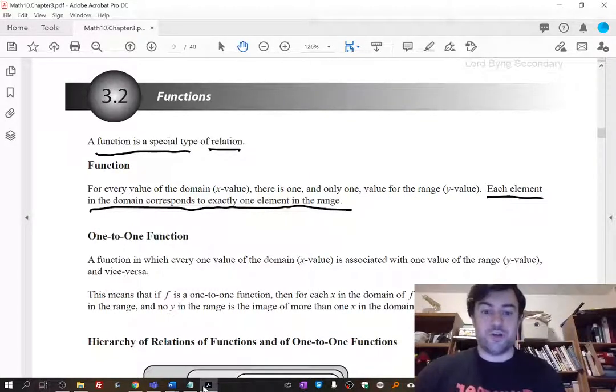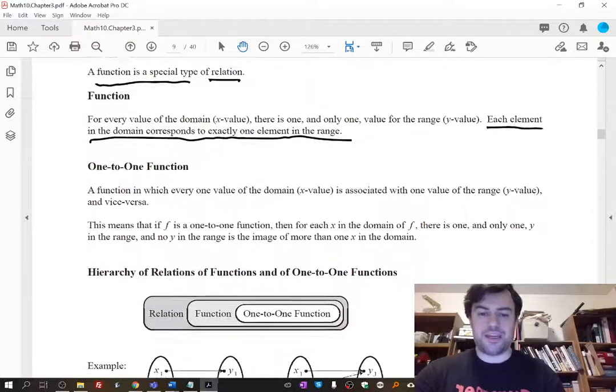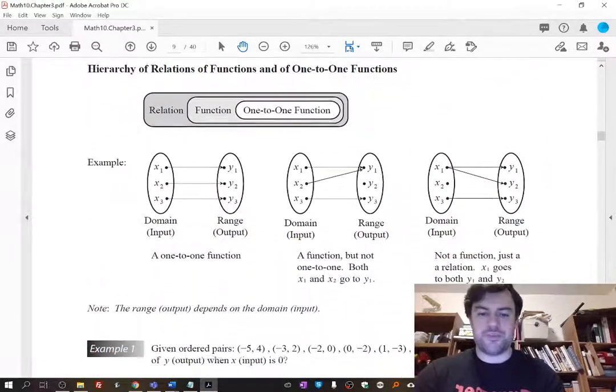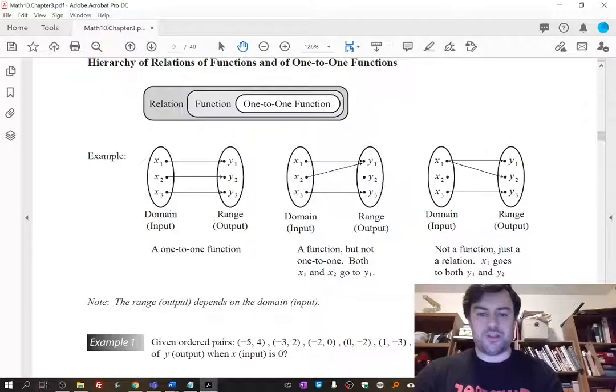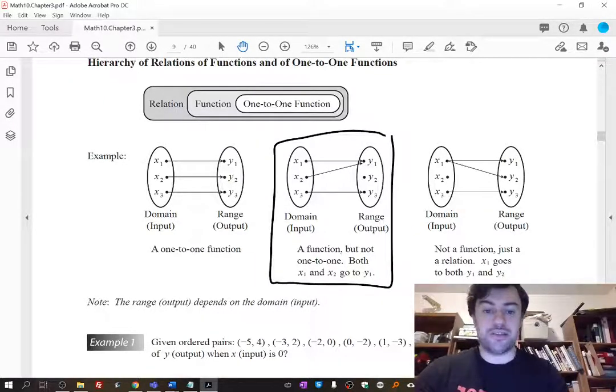So if this was, for example, let's go down here. For example, here is a function, looking at it in terms of a mapping diagram. Notice that every single value in the domain has exactly one arrow coming out of it, right?